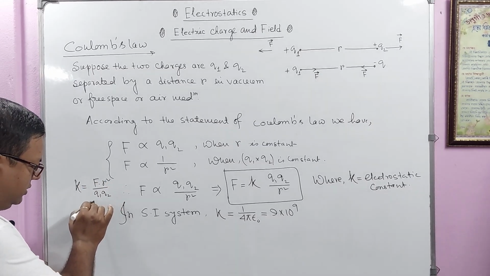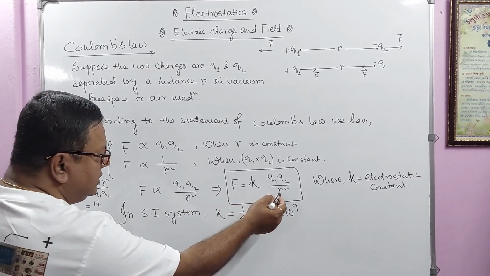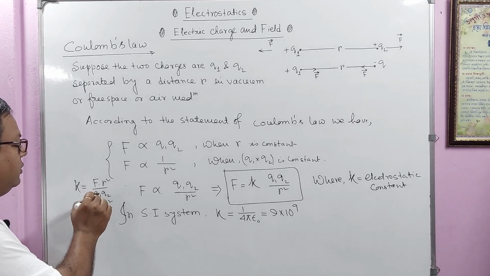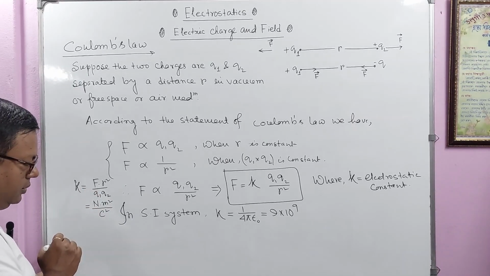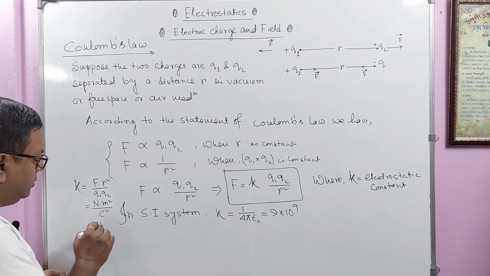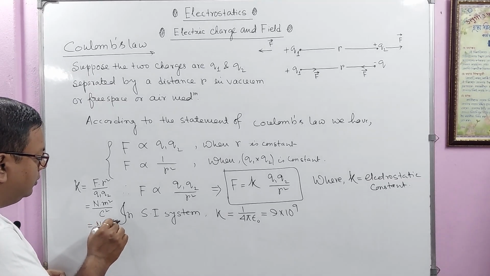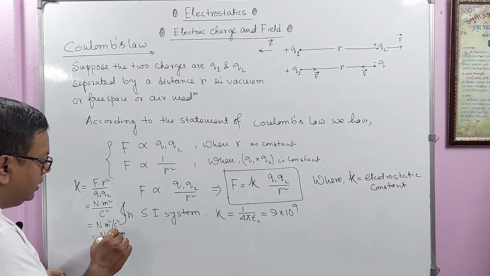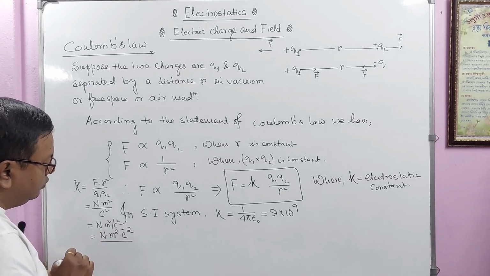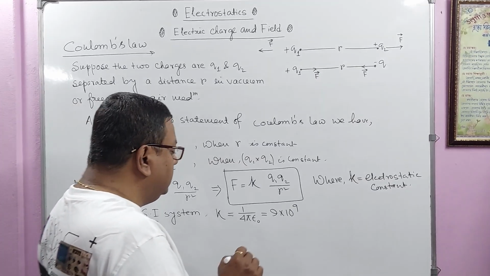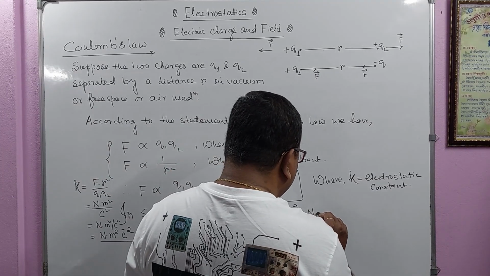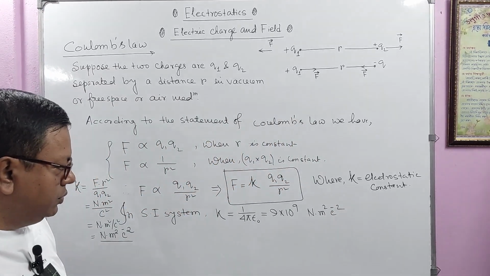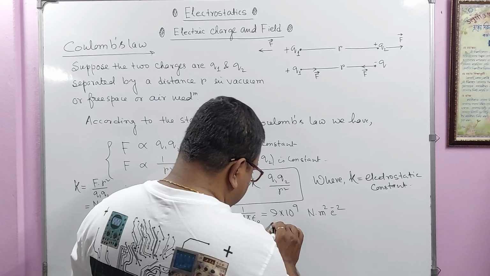The SI unit of force is Newton and the SI unit of distance is meter square, and the SI unit of charge, there are two charges, so it's Coulomb square. So you can write it Newton meter square per Coulomb square, or simply Newton meter square C to the power minus 2. Both are correct. Okay. So the unit is Newton meter square Coulomb to the power minus 2. So this is the value of constant K.